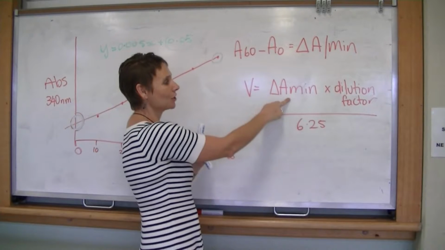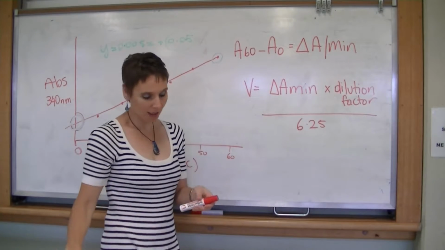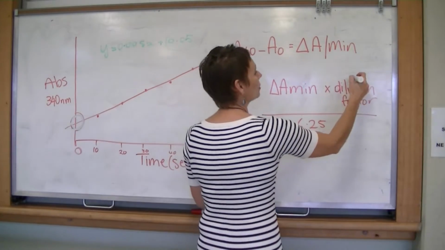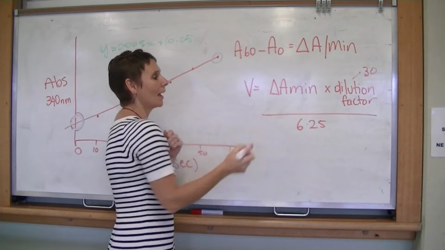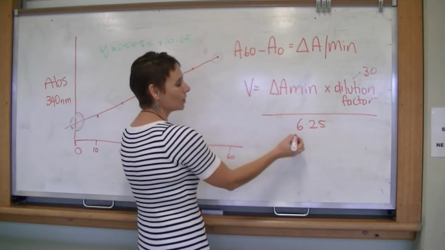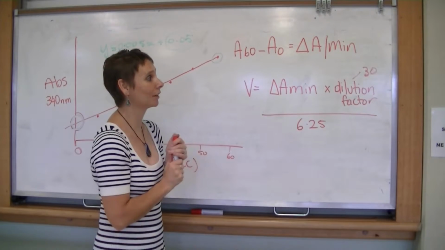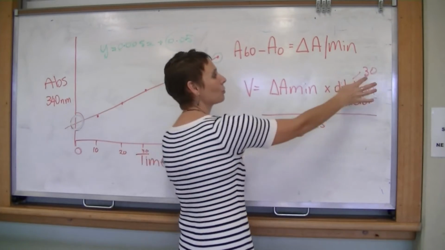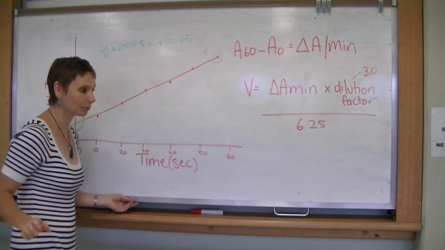So you've got your delta A per minute times the dilution factor, which in our case is 30, and that is a constant, and divide it by the extinction coefficient for NAD, which is also a constant, so 6.25. So these two values will remain the same for each substrate concentration.